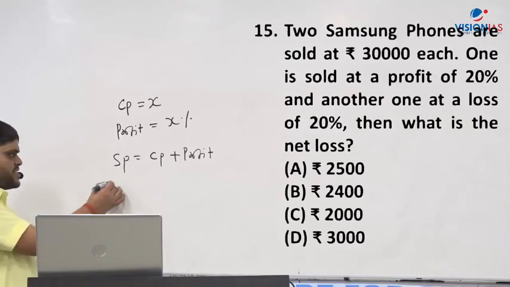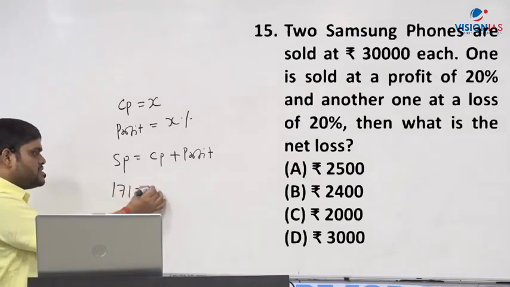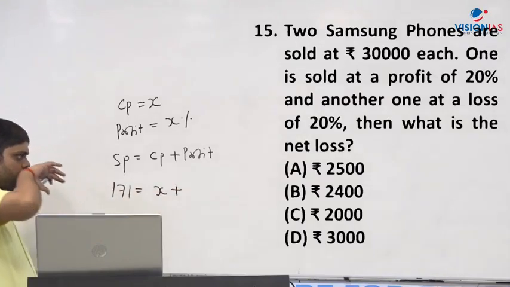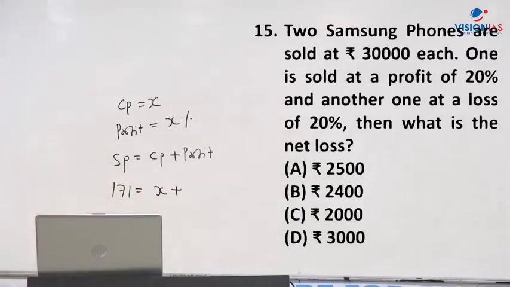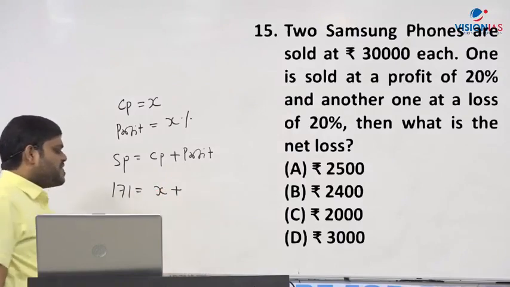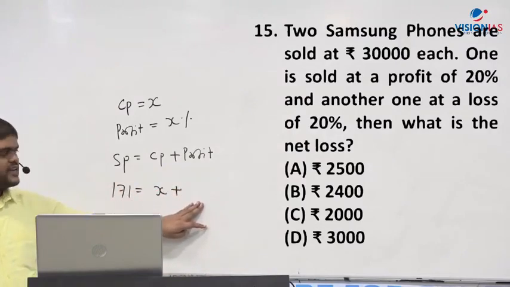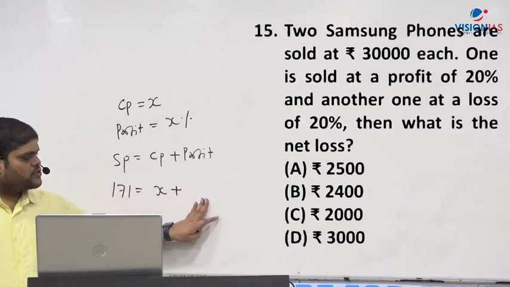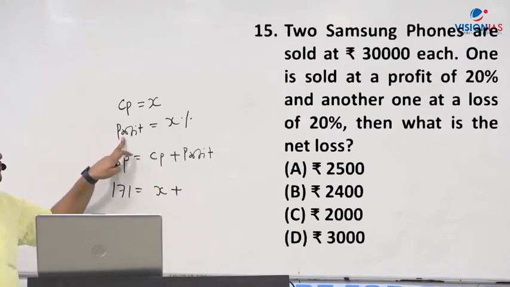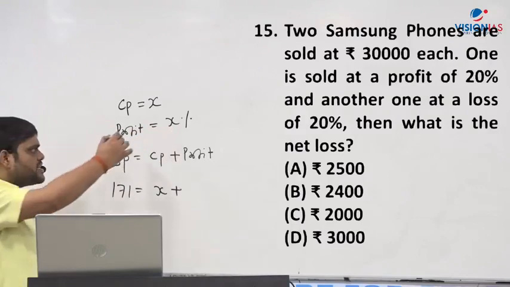This is coming as 171, CP is X, and we need to find out the profit percent. It will become difficult because it will go into a quadratic equation, because this is profit X percent, this is profit percent.